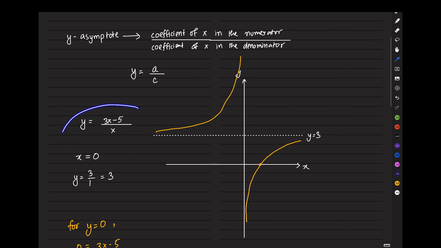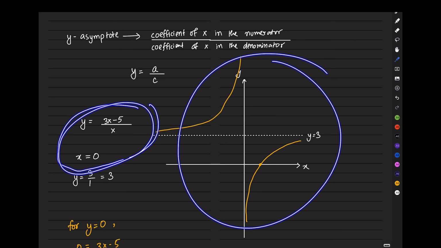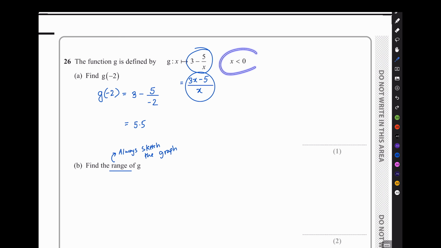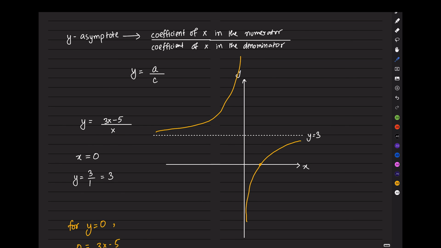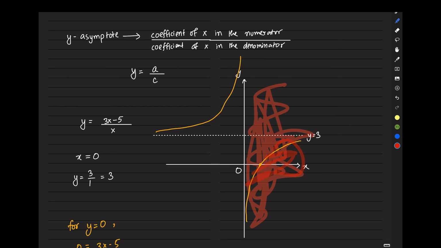So for this particular equation, my entire graph is this, right? But they specifically told us that x has to be less than 0. So this is 0, and I can completely ignore this portion of the graph and focus on this part only.